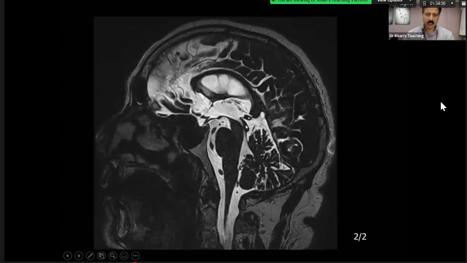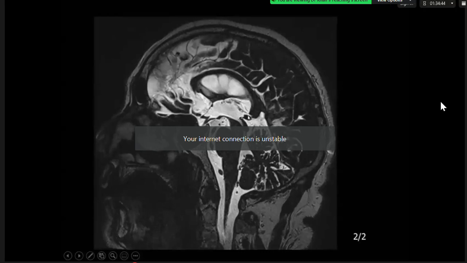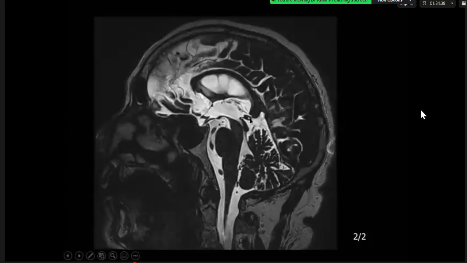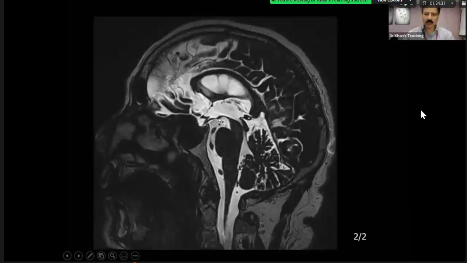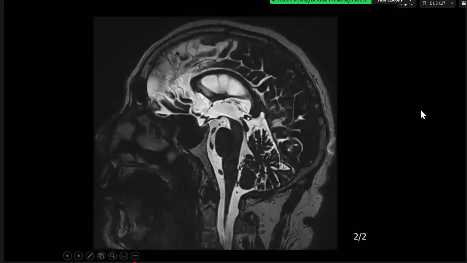Excellent. So this is the midbrain, and this is the tectal plate, superior colliculus, inferior colliculus. What is this? That's the pineal gland. Very good.